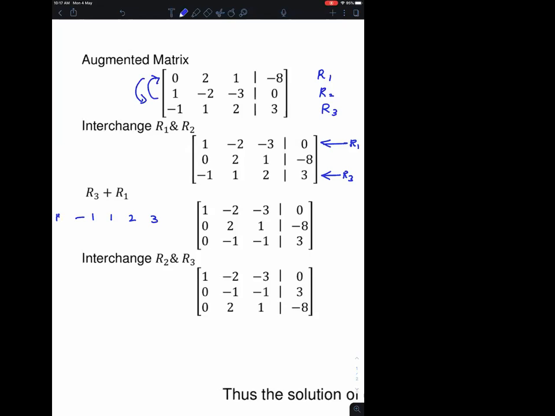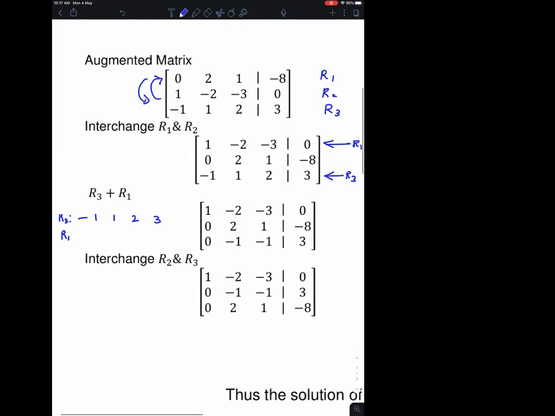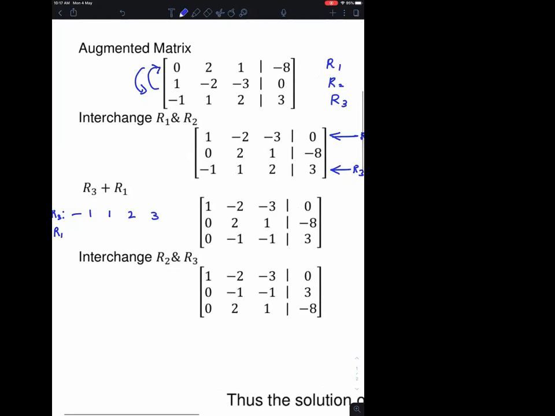Let's put R3 here, and then you're going to add row 1. Row 1 is 1, minus 2, minus 2, minus 3, 0.